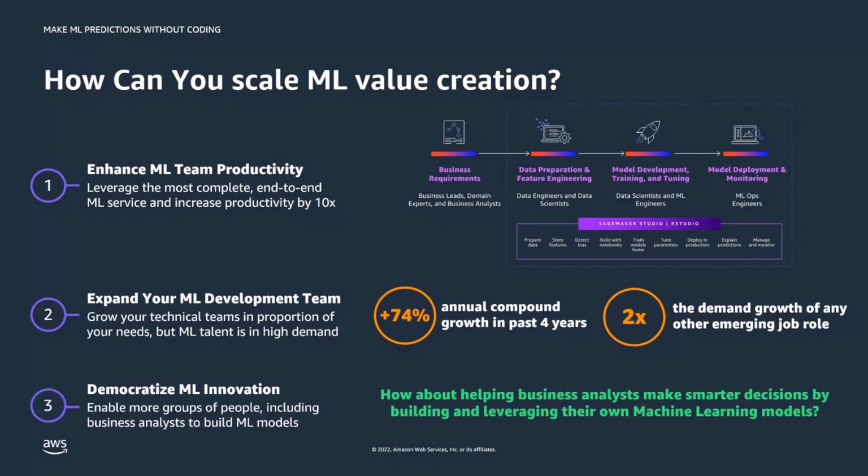And so then the third part of the conversation is, well, if we're really trying to democratize machine learning innovation, can't we maybe just let other people besides these core specialists produce machine learning models and then take advantage of them? And so that leads us into conversations around AutoML, right?